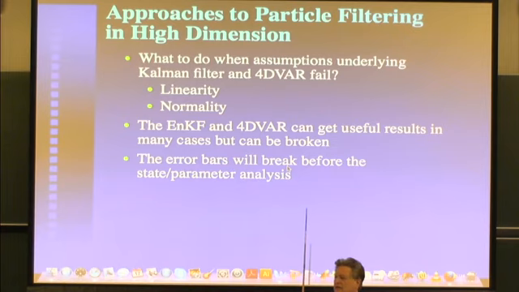And one thing is that the error bars will break before the analysis does. So you'll be getting decent estimates of what's out there, but you won't know how good they are. Very often, if you look at the estimates that come from 4D-Var or the Kalman filter, you will be misled in either direction.